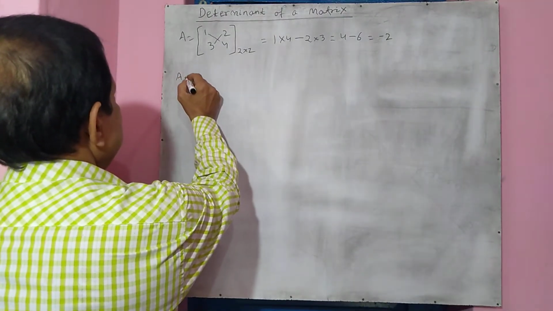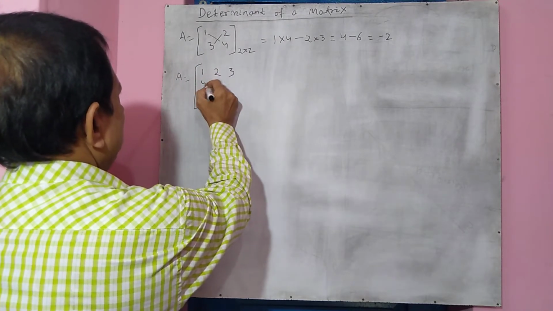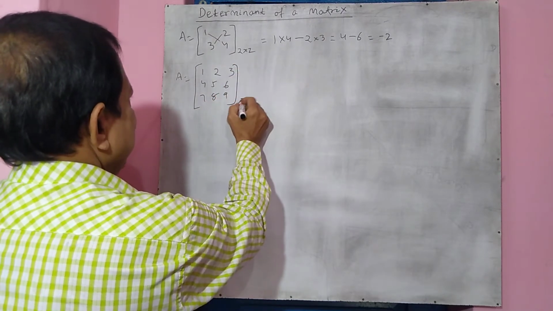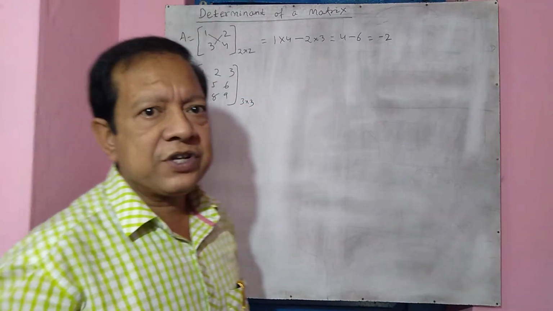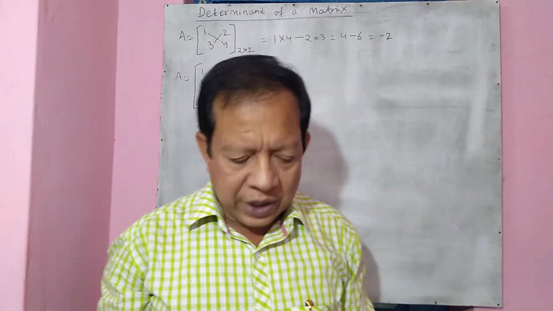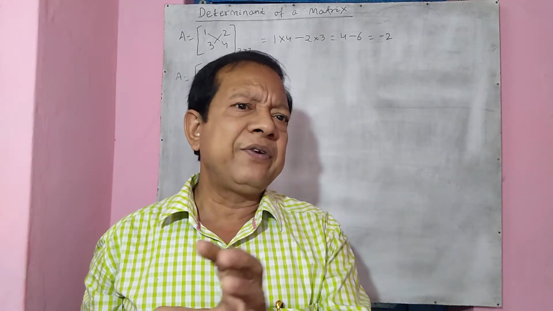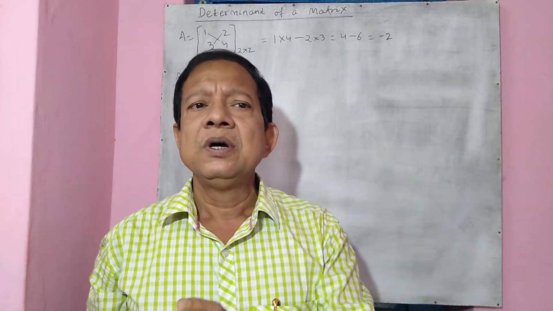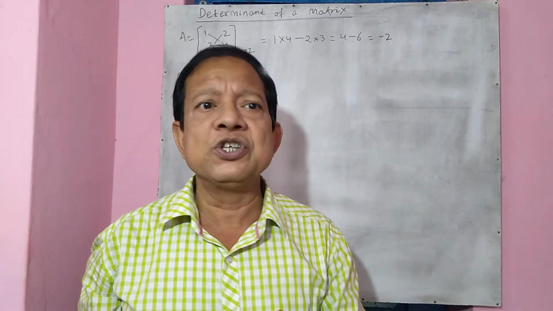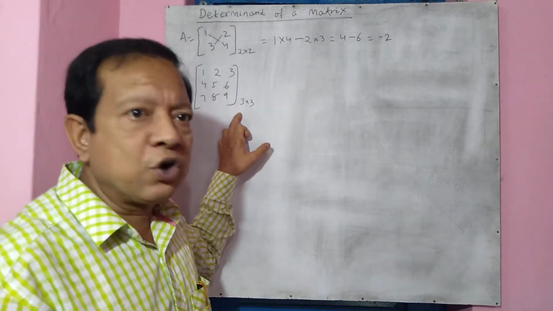Let us take another example, 1, 2, 3, 4, 5, 6 and 7, 8 and 9. Now this is a 3 into 3 matrix, or a matrix of third order. Remember, a 4 into 4 matrix, or a matrix of the fourth order, will not come in the exam, it is not in the syllabus. So maximum second order or third order matrices will come in the exam.